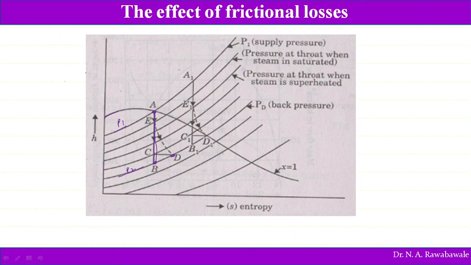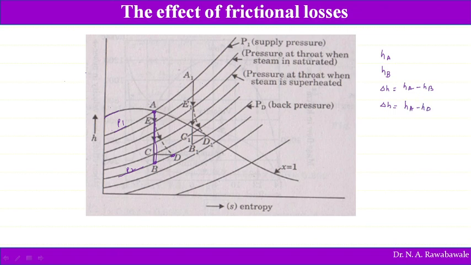So here HA is enthalpy at point A, HB is enthalpy at point B. Enthalpy drop is HA minus HB. So this is the theoretical enthalpy drop, but practically the enthalpy drop is not going to be HA minus HB, it is going to be HA minus HD.